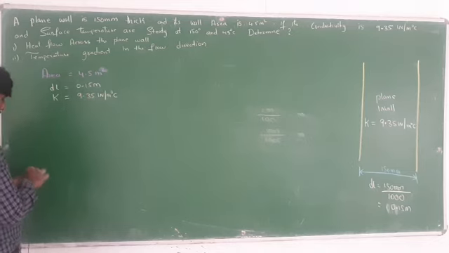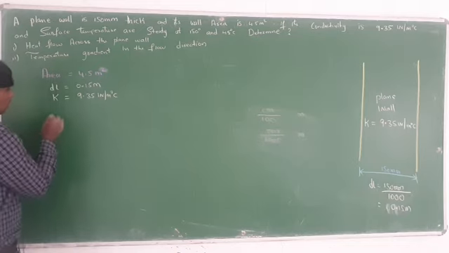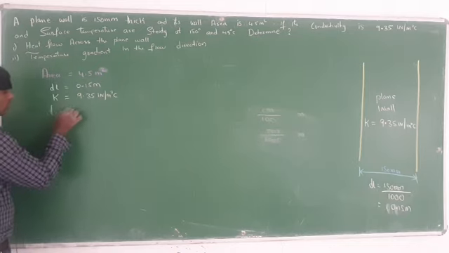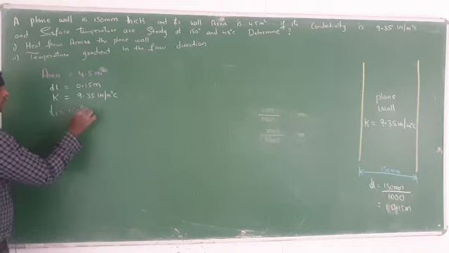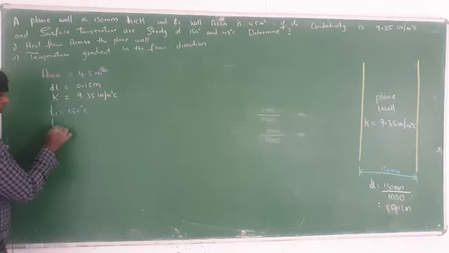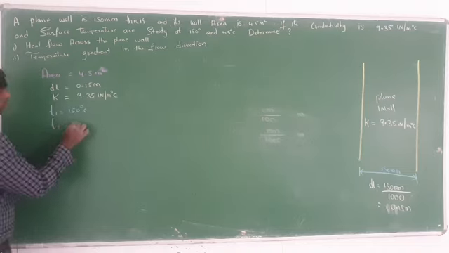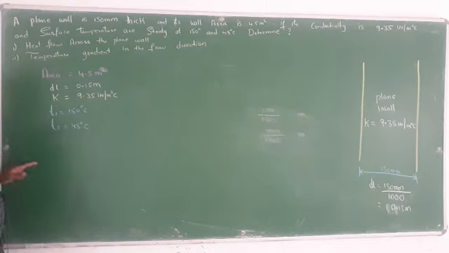Here two temperatures are given. The higher temperature you consider as T1, which is 150 degree, and T2 is equal to 45 degree. You got the values of T1 as well as T2.